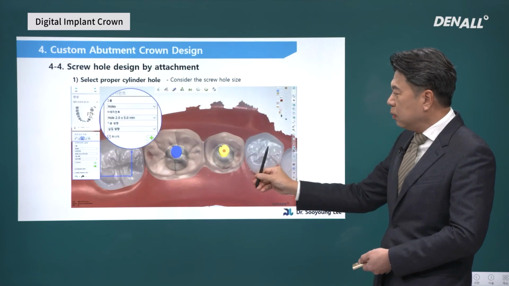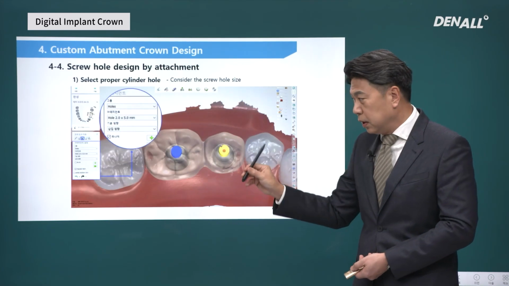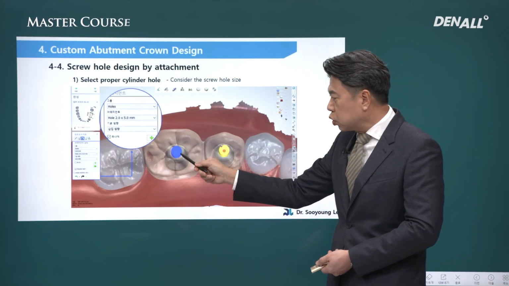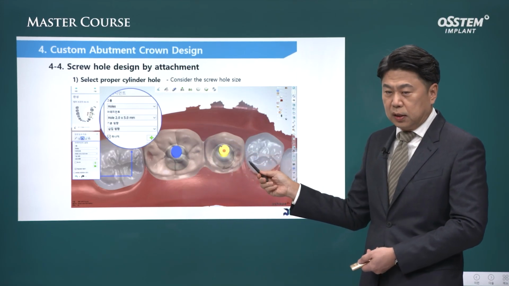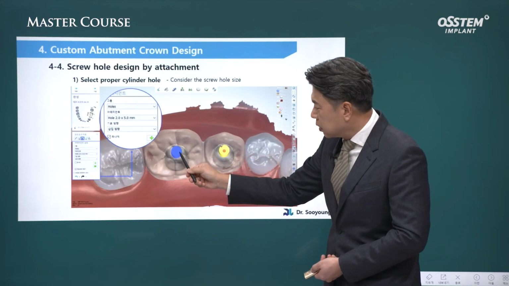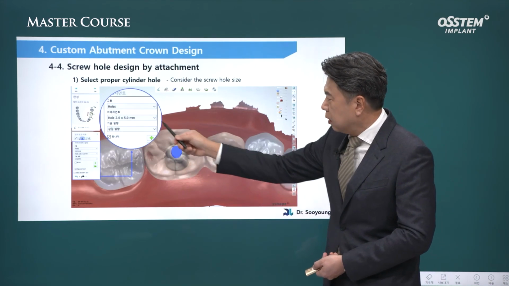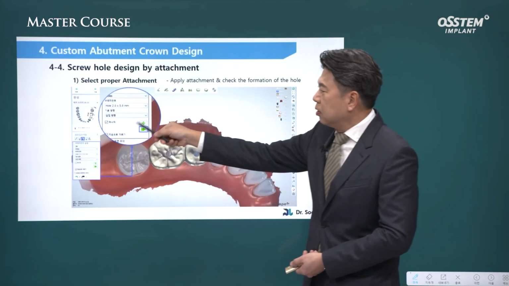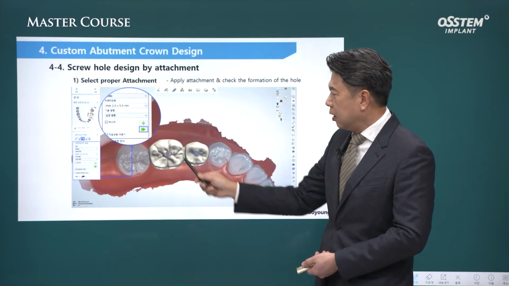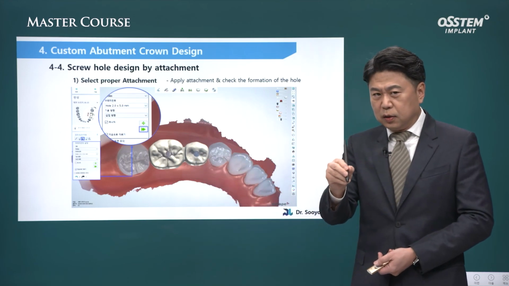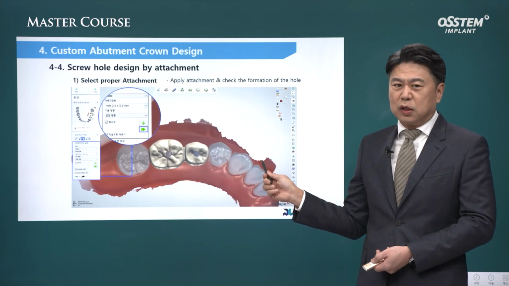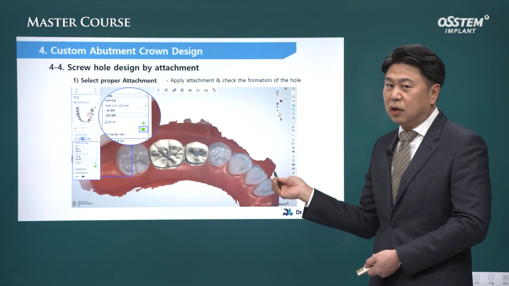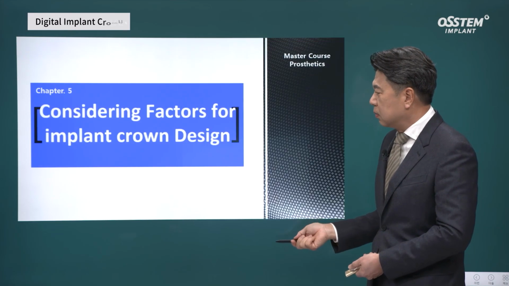When screw holes are necessary, aligning holes is not easy because there is no implant access information, and we need to arbitrarily make the access information by considering the design and appropriate access holes. The holes need to be selected in this section called attachment. So the holes and direction need to be manually adjusted, which is a disadvantage compared to data using scan bodies.